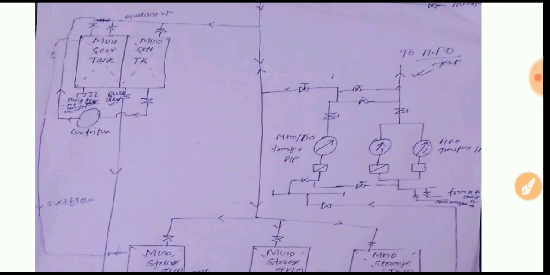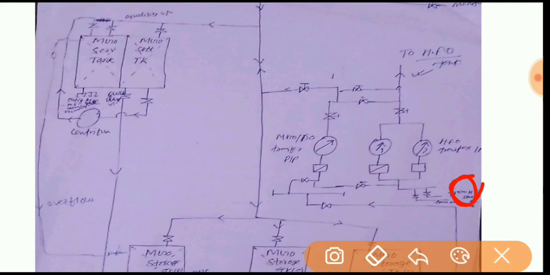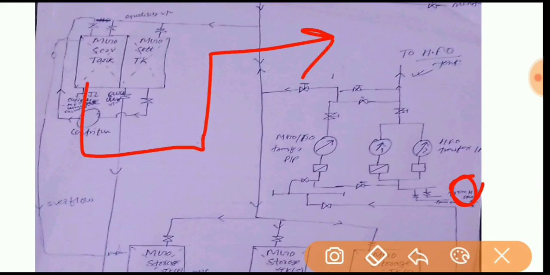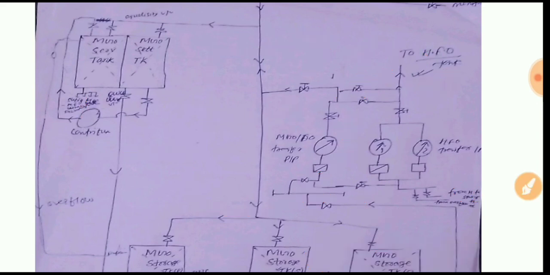Same for HFO. If this pump gets damaged, this pump is used for transferring. See here, these 2 lines are from the storage tank of HFO and one from the overflow tank. Here we also see the service tank supply to the generator, boiler and incinerator. Thank you.